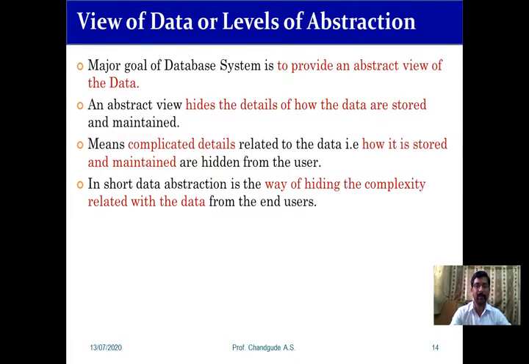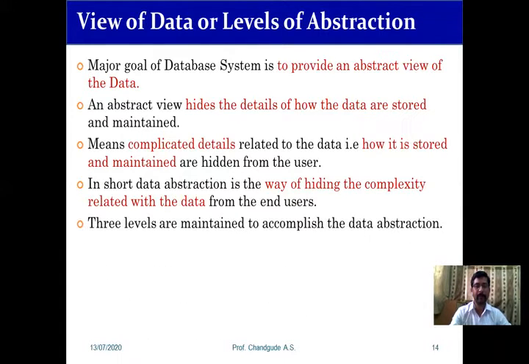In short, data abstraction is the way of hiding the complexity of the data from the end users. There are three levels of data abstraction, so let's focus on all three.